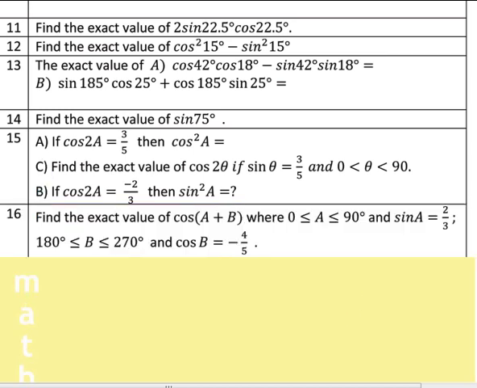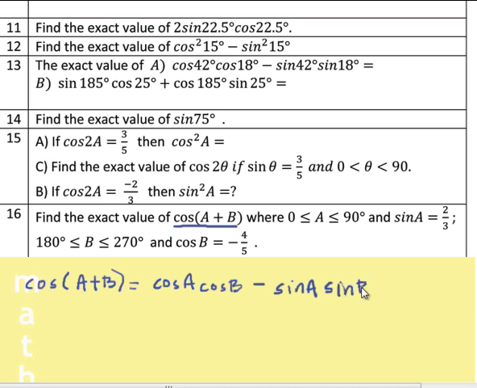In 15, we want to find cos A plus B. So first let's use our sum formula for cosine. Cos A plus B is cos A cos B minus sine A sine B. And we're told that A is in quadrant 1, and B is in quadrant 3.